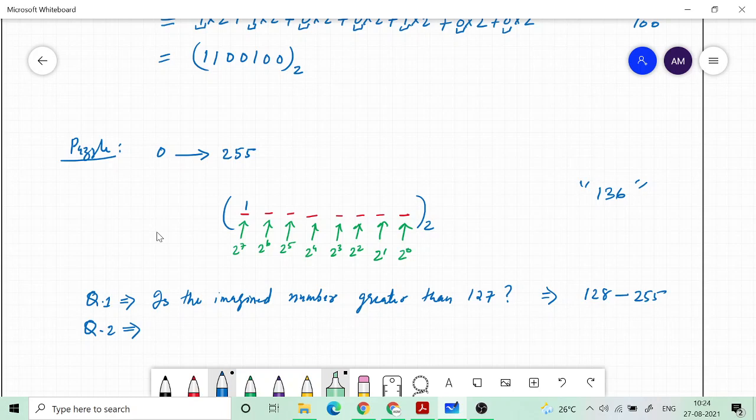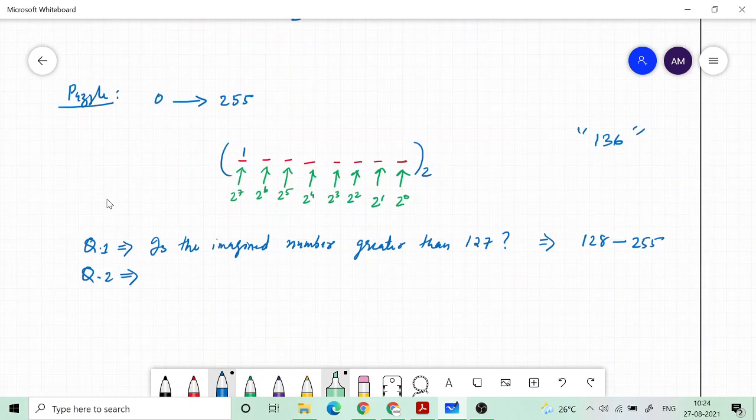So by asking the next question, I should exclude half of these possibilities. In the range 128 to 255, I need to exclude half. How can I do this? What should be the next question?